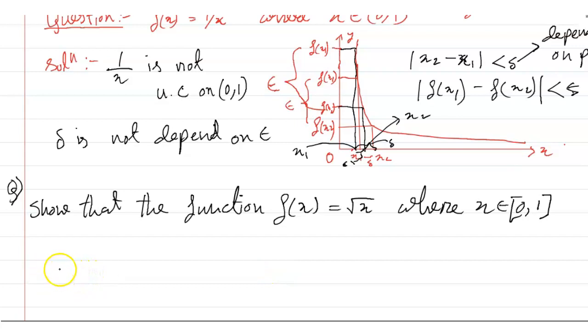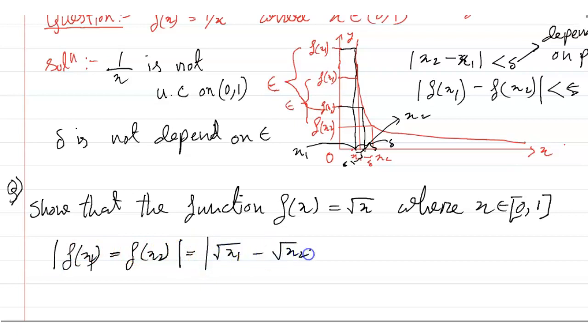So friends, we see that |f(x1) - f(x2)| = |root x1 - root x2|.